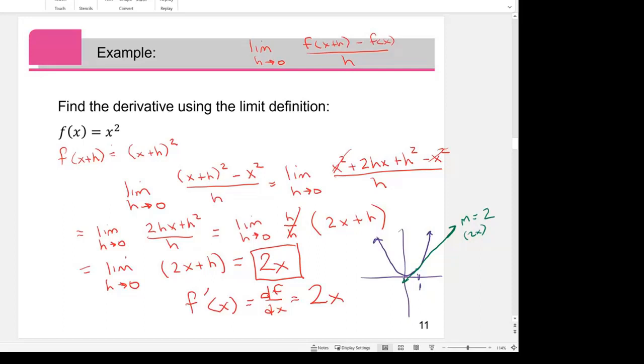If I go to x equals -1 and I draw my tangent line here, I can say the slope here is equal to -2, because now we're at x equals -1 and it's 2 times -1. The slope is equal to -2. And it just depends. I can pick it at 0, I can pick it anywhere, and I will know what the slope of the tangent line is at different points along this graph.